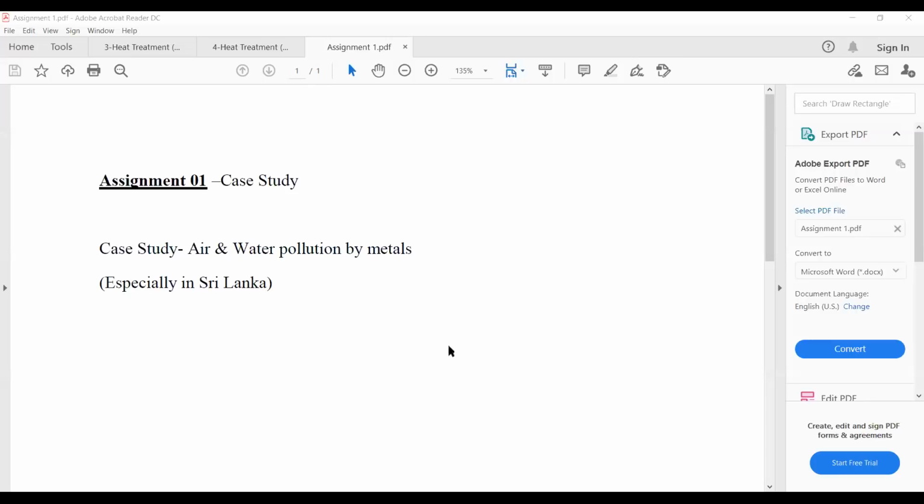Other thing, the cover page is important. In the cover page, you have to have a margin. Second, the title of the assignment. Third, your index number, your department, and your name. These are important. There's a link available in the LMS.